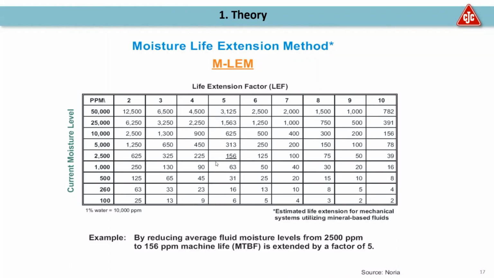Anything above that, when saturated with water and above, you will see water droplets, and they are the most damaging because, as shown in a previous picture, they can get into the high pressure zones and then explode under high pressure. So the life extension factor here, coming from 2500 ppm to below 200, you will experience another life extension factor of 5.